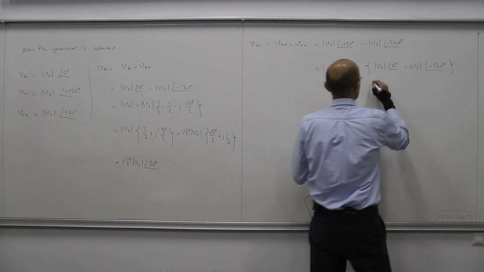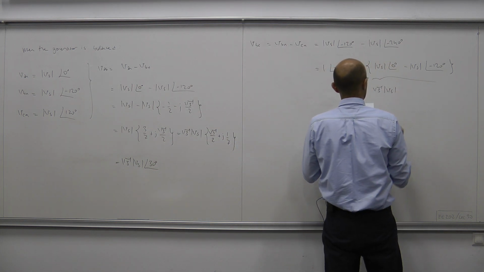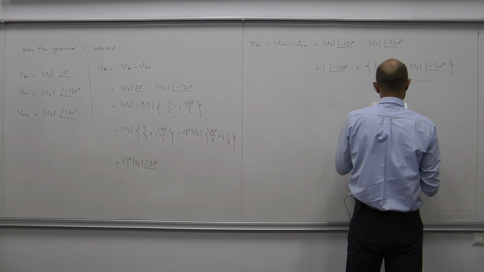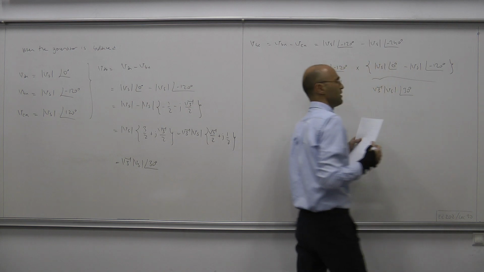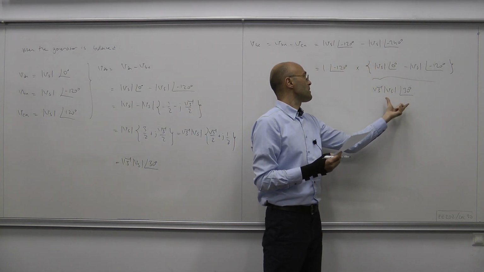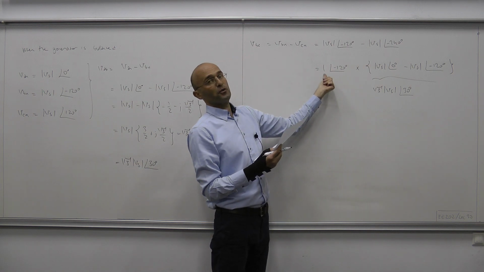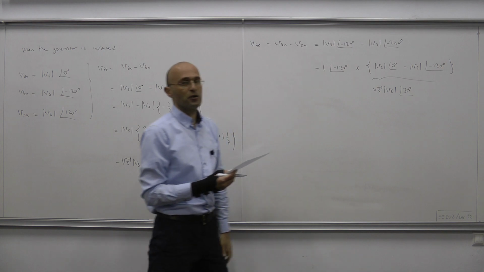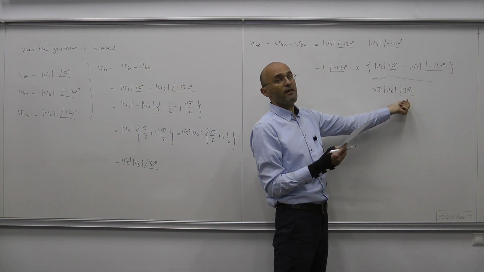Therefore, we know what this is already: square root of 3 times source voltage magnitude with phase 30 degrees. And then we're now multiplying this by this complex number whose magnitude is 1 and phase is minus 120 degrees. Therefore, all this will do is affect the phase.